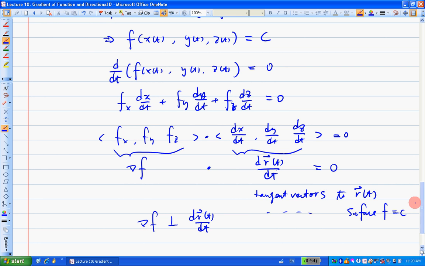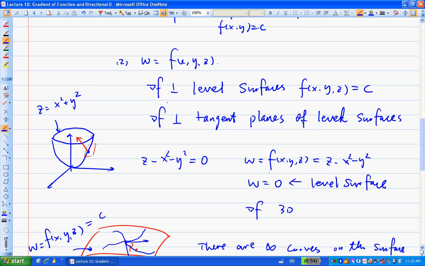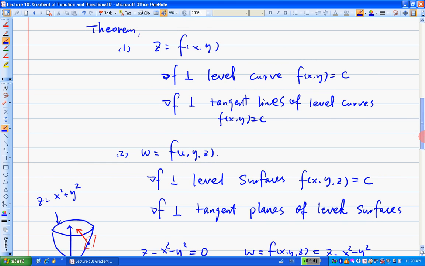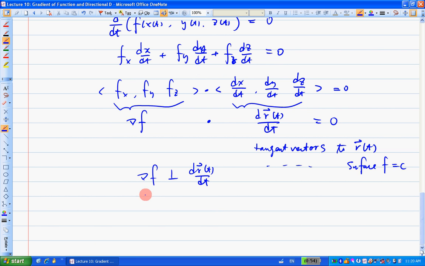That is the theorem here. And you can use a similar strategy to prove this one too. This is something you need to remember all the time, because it's a very useful result.